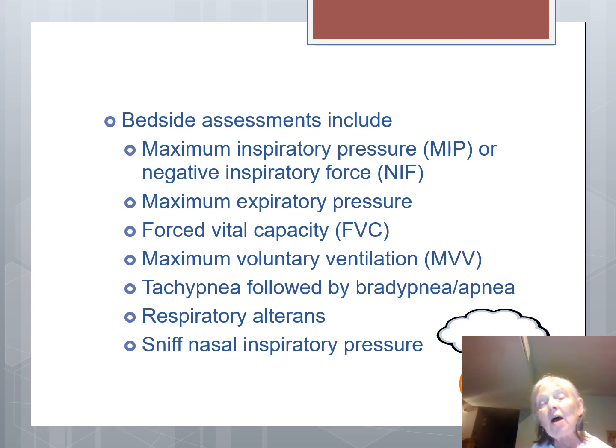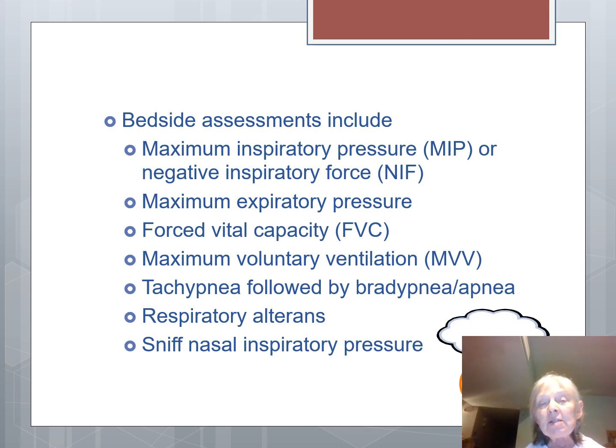I think we're in the process of heading back to 10 to 15 mLs per kilo. It hasn't hit the books yet, but I'm hearing rumblings here and there that it may end up in there, okay? I'm going to jump over MVV at this particular point. If you have a patient who's tachypneic and now they have bradypnea and apnea, they've got some problems. We need to do something to help them.